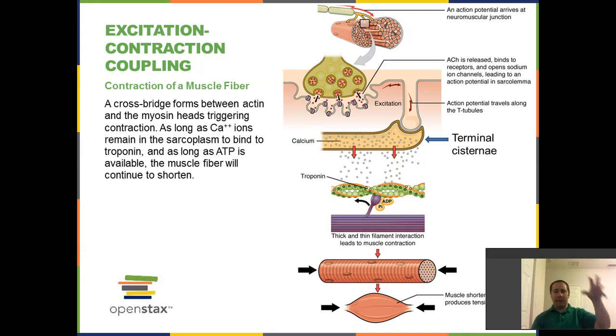But when that calcium leaves the terminal cisterna, goes into the sarcoplasmic reticulum, and then leaks out, that calcium is going to bind to the troponin. When the calcium binds to the troponin, that's like flipping the light switch. That causes the troponin to move the tropomyosin, exposing the actin.